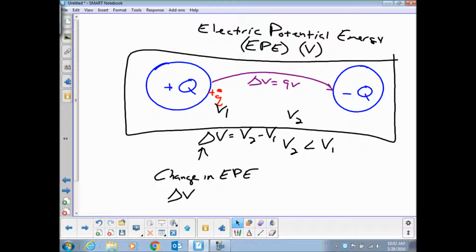So when the charge is right there, it might have 9 volts of electric potential energy. When it's right there, it has, for all practical purposes, 0 volts. So our change in voltage is 9 volts. That's the idea behind a battery.